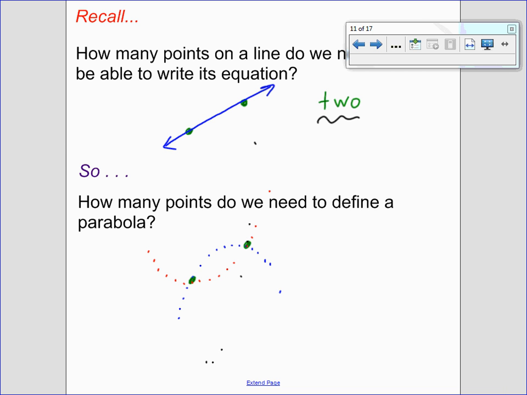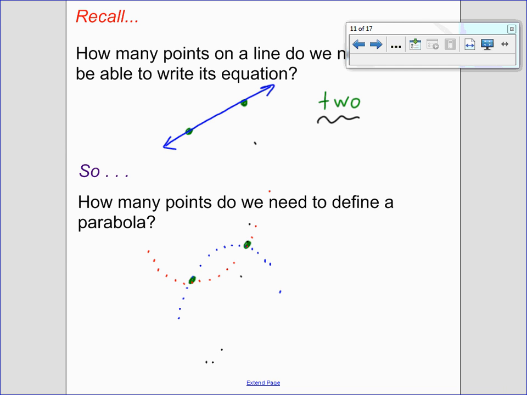No. If I needed 2 points to determine a unique degree 1 polynomial, that is a line, how many points do I need to determine a unique parabola, degree 2? 3. I need 1 more.